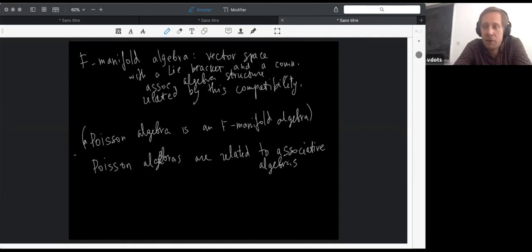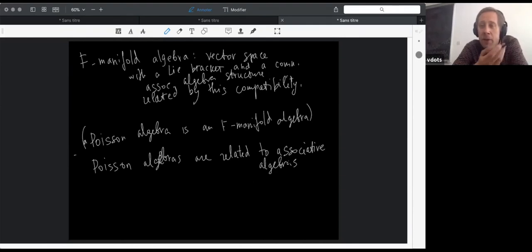celebrated story of deformation quantization, which says that if you have a family of associative algebras depending on a parameter, then if you pass to the quasi-classical limit, if you look at the deformation infinitesimally, then the infinitesimal part gives you a Lie bracket.